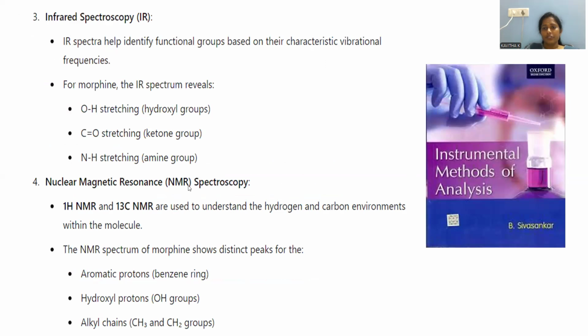And infrared spectroscopy. The purpose of infrared spectroscopy is to identify the specific functional groups present. It identifies functional groups based on characteristic vibrations, where the vibration is responsible for the particular functional group present. Using IR spectroscopy, we can identify the presence of the hydroxy functional group.